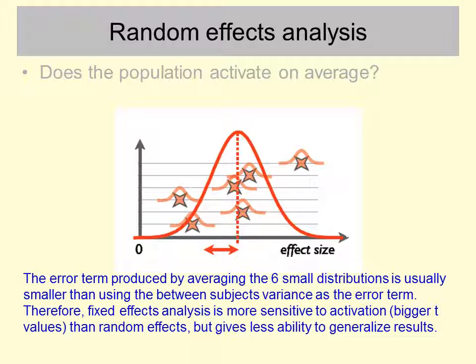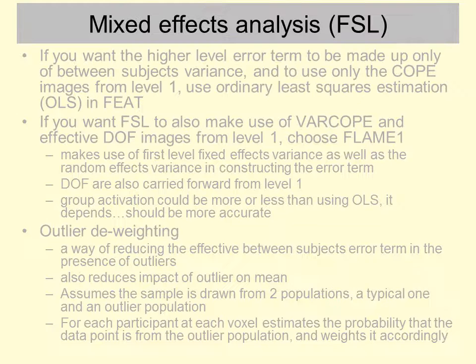And that's because fixed effects analysis is more sensitive to activation, will give you bigger t-values for the same number of participants and the same amount of time in the scanner compared to random effects. But the big downside is this lack of ability to generalize your results to the population.